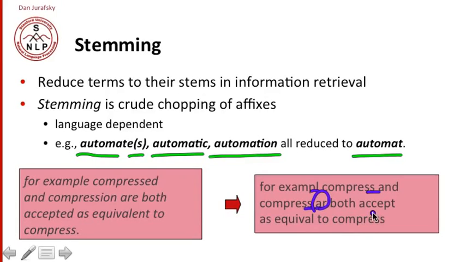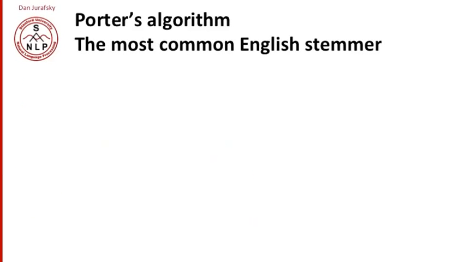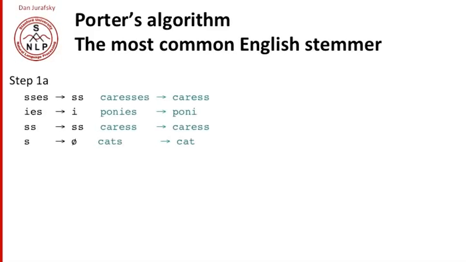The simplest algorithm, the most commonly used one for simple stemming of English, is the Porter algorithm. And Porter's algorithm is an iterated series of simple replace rules.